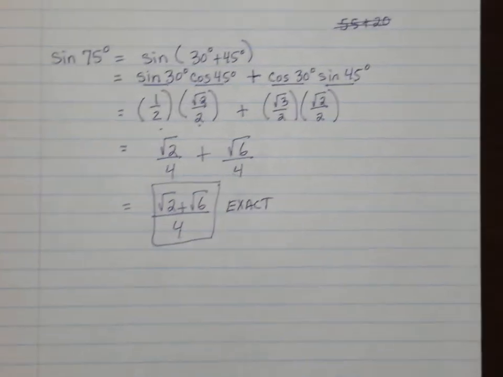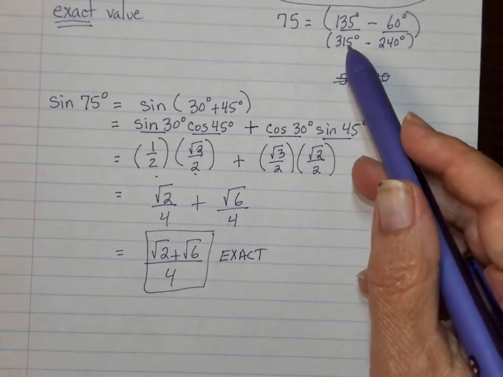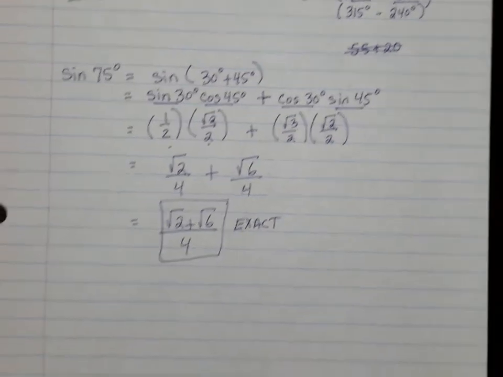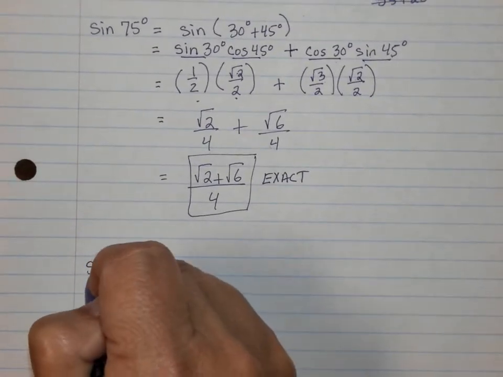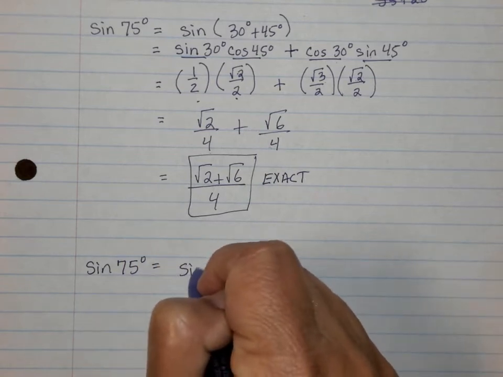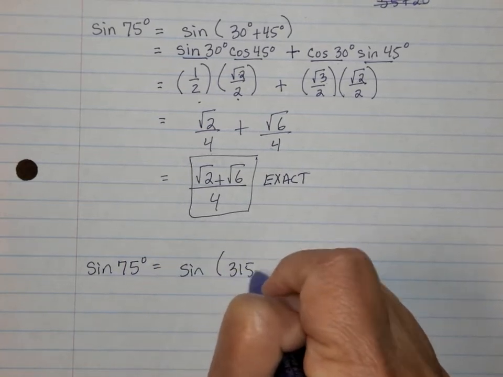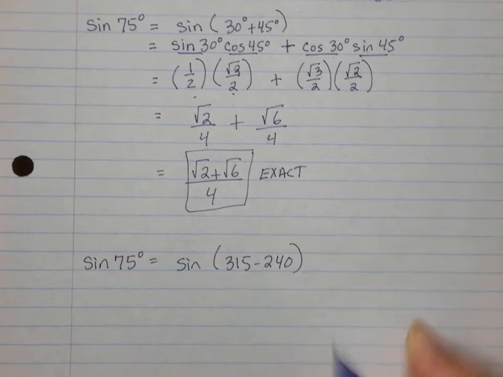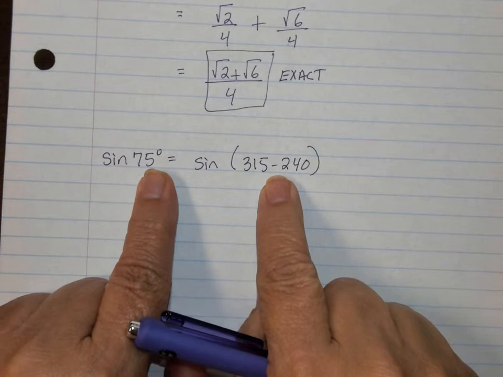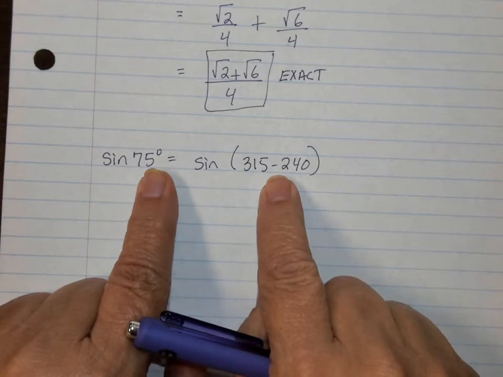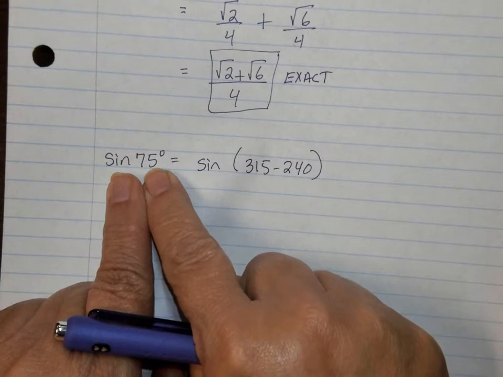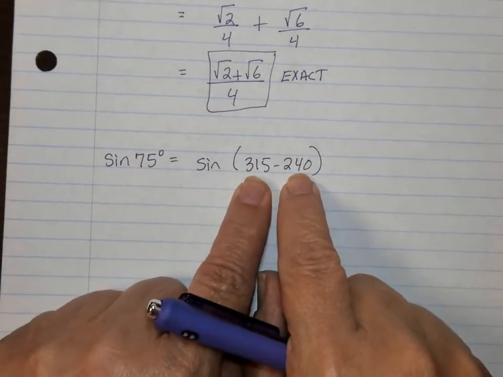Alright, just for kicks, somebody said we could do 315 minus 240. Let's do that just because. So sine of 75 degrees is also equal to sine of 315 minus 240. Again, this part has nothing to do with trigonometry. This is just number theory. 315 minus 240 is a way to be 75. Why did we pick these numbers?